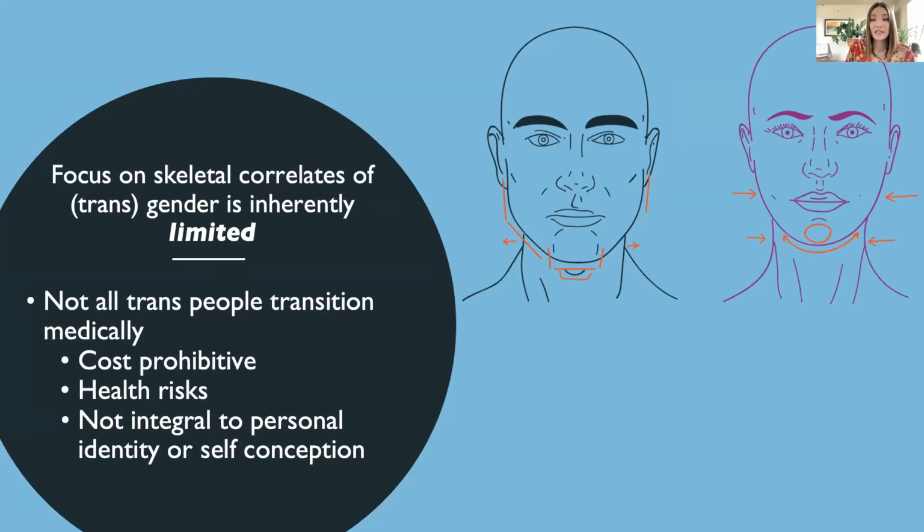These treatments are expensive and therefore cost prohibitive to many trans people who already face economic hardship due to discrimination. There are also various risks to health and quality of life that are associated with medical transition, and many people might be unwilling to accept those. And finally, some trans people choose not to transition medically because they don't want to or they don't feel they need to. It doesn't define how they see themselves, and it's not necessarily important to their personal identity or self-conception.